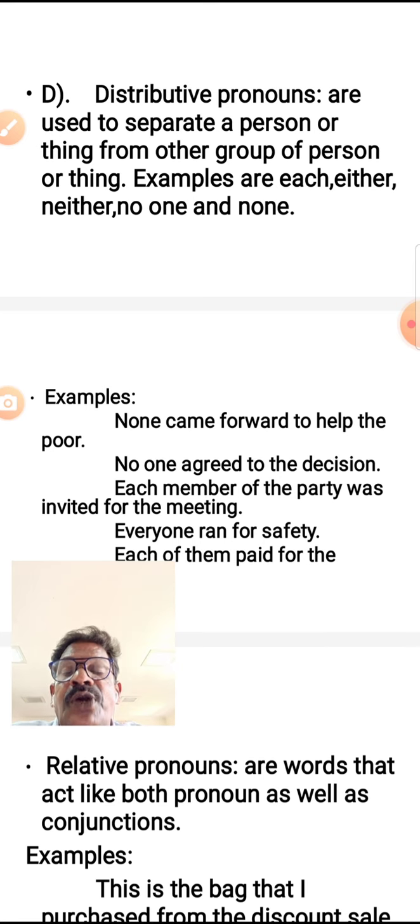None came forward to help the poor because of this pandemic situation. So this is called a distributive pronoun. It is used to separate a person or thing from another group of persons or things.